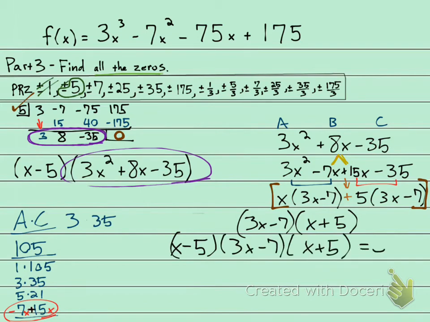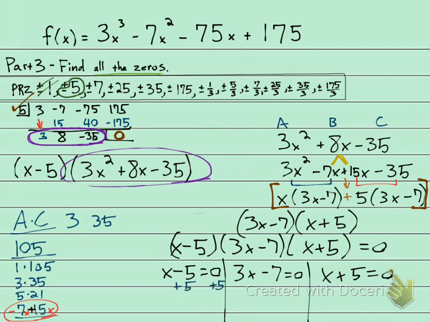Okay, if I want to find the zeros, I set every one of them equal to 0. And then I solve all of them. Add 5 to both sides. X equals 5. Okay, I already knew that one from up here.